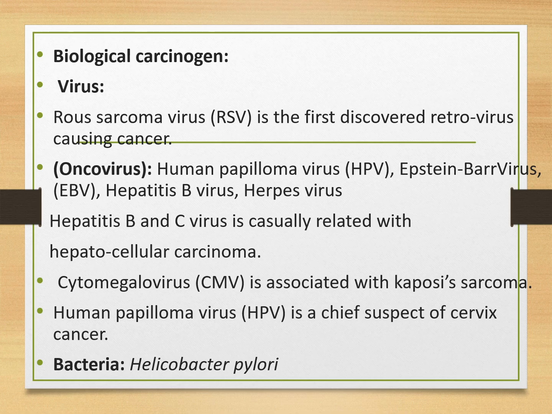Hepatitis B and C viruses are usually related with hepatocellular carcinoma, that is liver cell carcinoma. The cytomegalovirus is associated with Kaposi sarcoma. Human papillomavirus is the chief suspect in cervical cancer. Then there is one bacterium, Helicobacter pylori, which is present in the GIT. Usually it causes diarrhea, but sometimes it results in cancer.